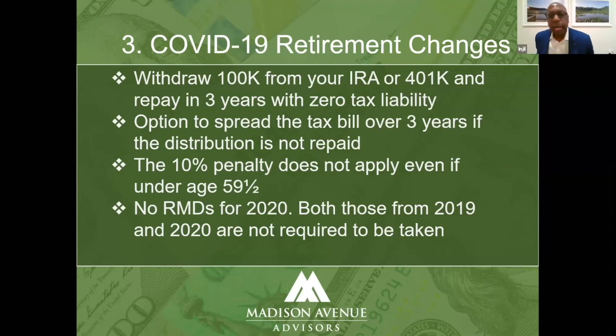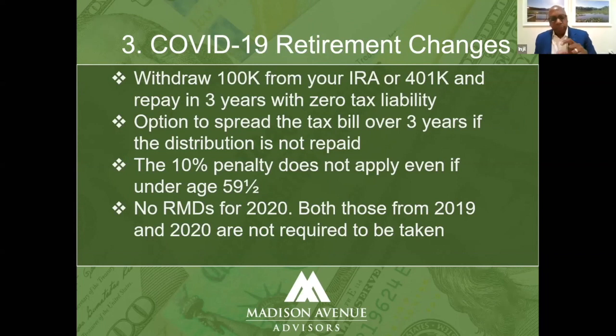Say you took out $90,000 this year, and you decide that you want to spread this over a 3-year period. At the end of the year, when you file your 2020 return next year, you can report $30,000 and pay tax on that. In 2021, you can report the next installment of $30,000, and in 2022, you can report the next installment of $30,000.